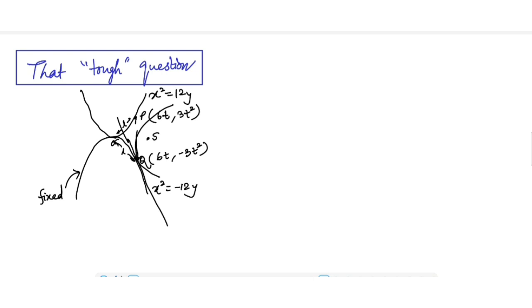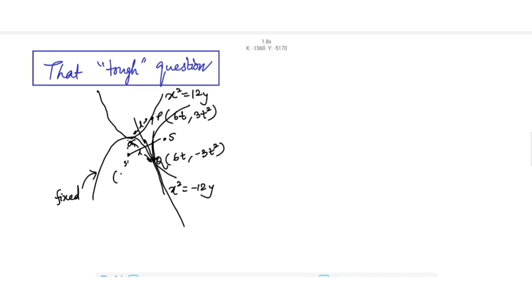You can see that by symmetry, the moving parabola at this point will be the mirror image of the fixed parabola. So we have to take exactly the mirror image of the fixed parabola's focus.